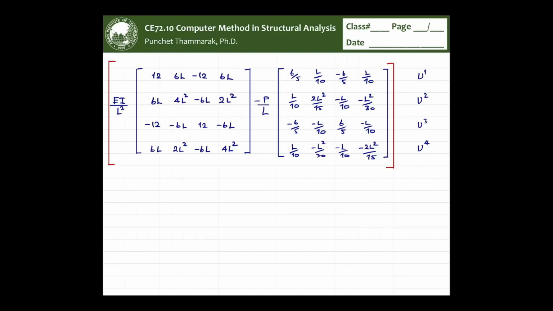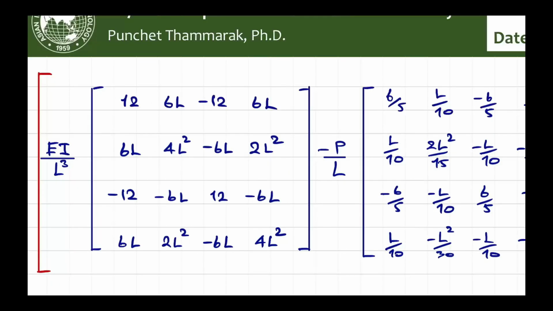I just want to end up with just numbers inside the matrix and put everything out.